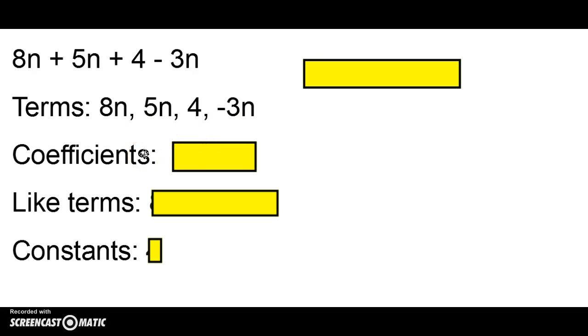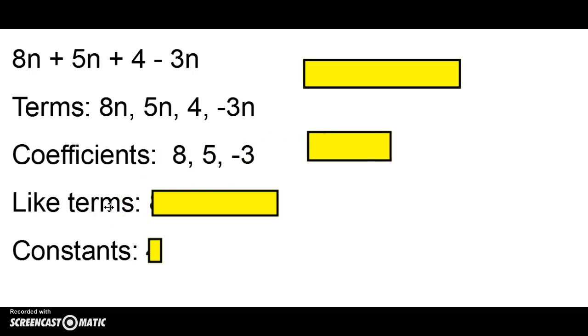Remember, coefficients are the numbers that come in front of the variable. So we would say there's an 8 as a coefficient, a 5 as a coefficient, and a negative 3.